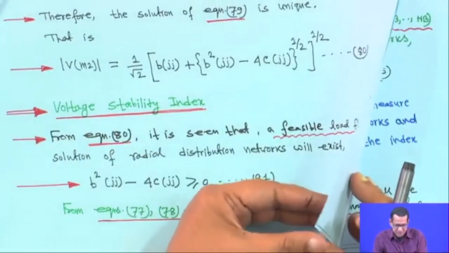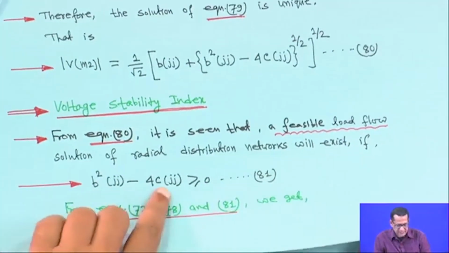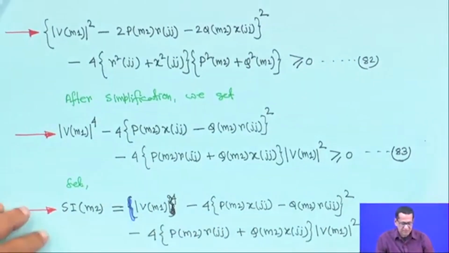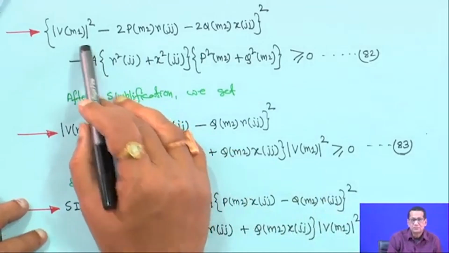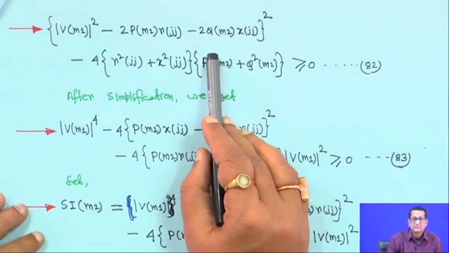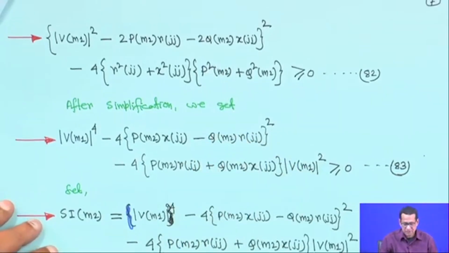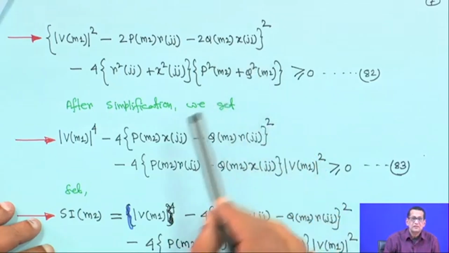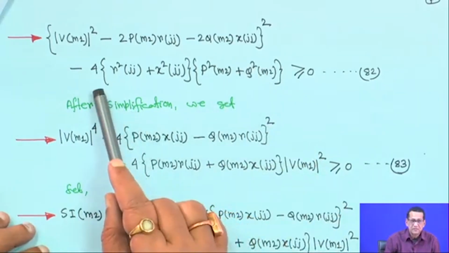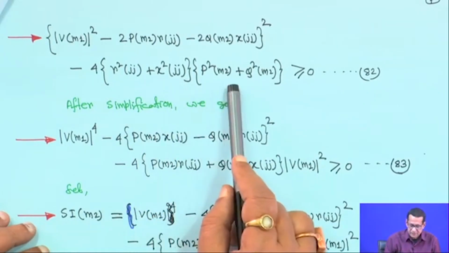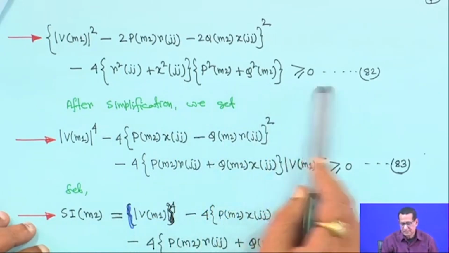So, if you put the bjj and cjj values here, then it will be |Vm2| square, of course, minus 2 Pm2 rjj minus 2 Qm2 xjj, this whole square, minus 4 into (r square jj plus x square jj) into (P square m2 plus Q square m2), greater than or equal to 0.